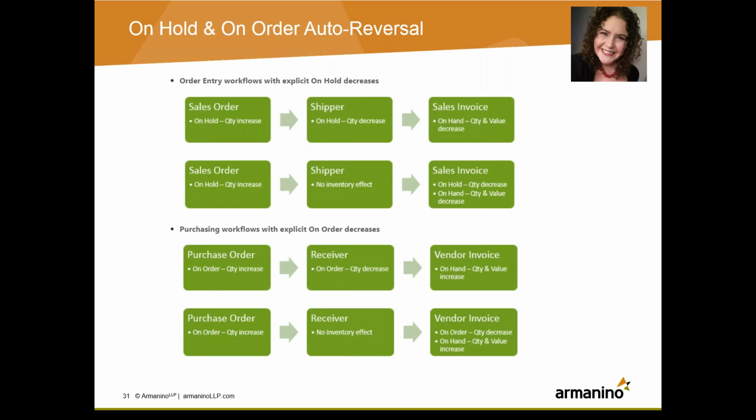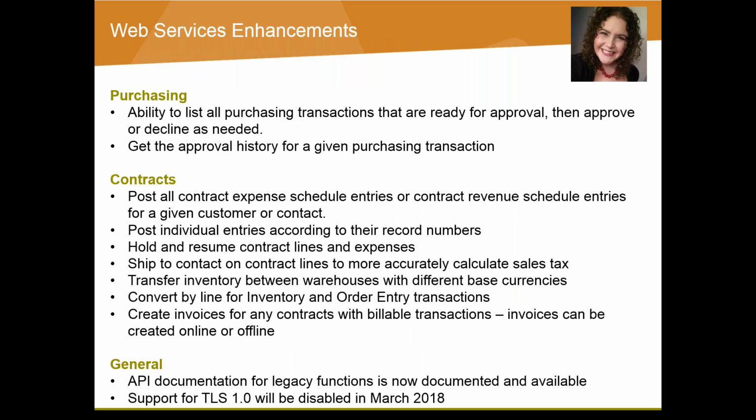To prevent double counting, the automatic reversal won't be applied if the transaction definitions after the sales order or the purchase order are manually configured. So this gives you a few examples of how you may need to manually configure these things. These workflows illustrate when the on-hold or on-order quantities are not automatically decreased, so you may have to manually adjust these transaction definitions.